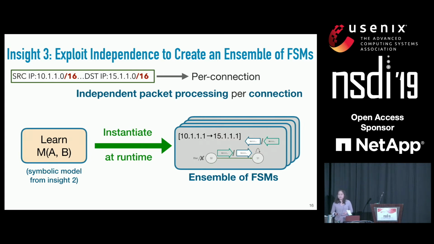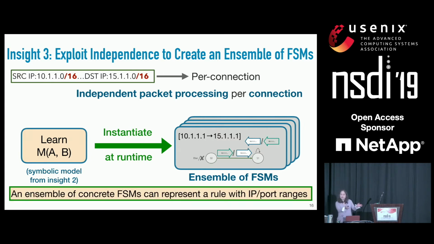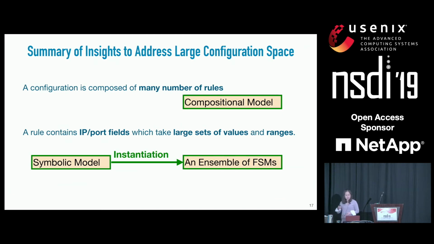So effectively, instead of viewing a rule as keeping just 1 FSM, it's keeping an ensemble of FSMs. To quickly summarize, to handle many rules in a config, we proposed using a compositional model. To handle IP port fields, we first learn a symbolic model, and then at runtime instantiate an ensemble of FSMs.